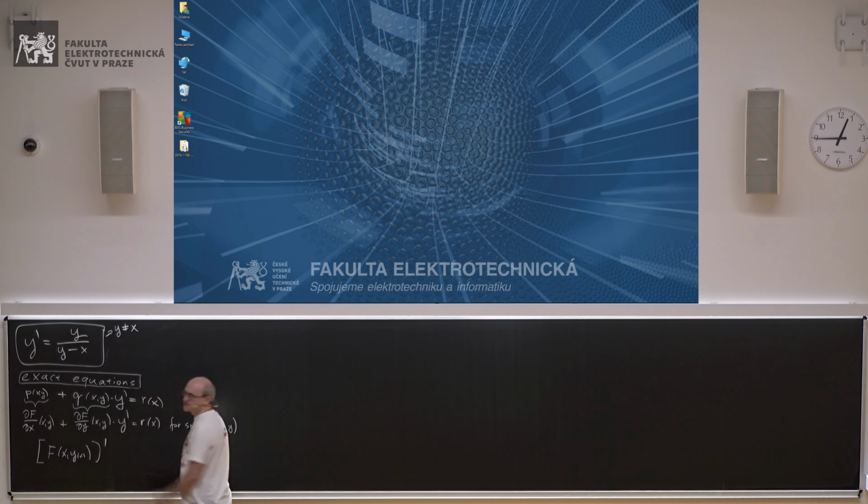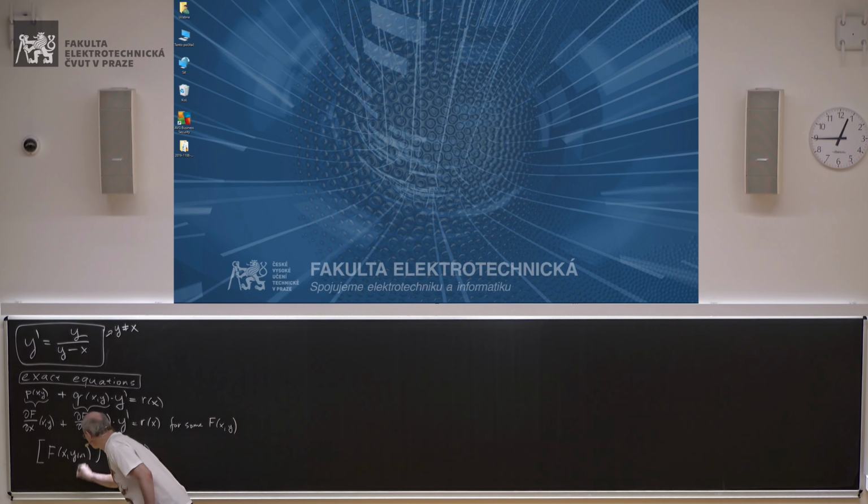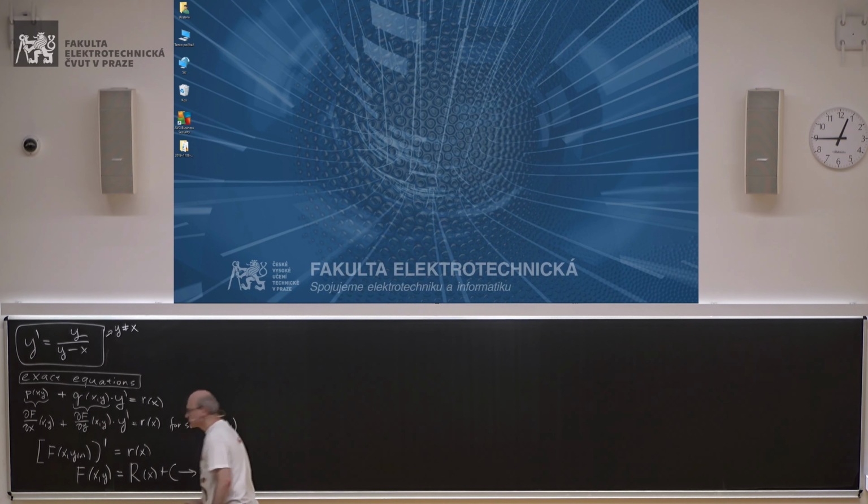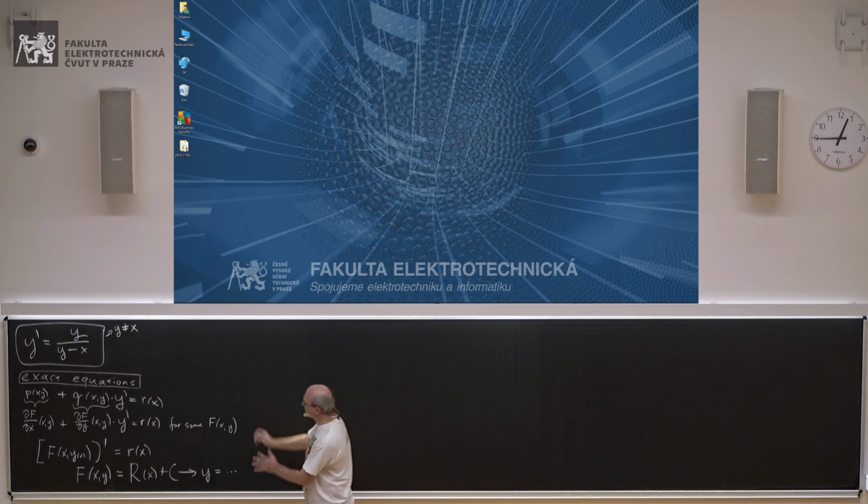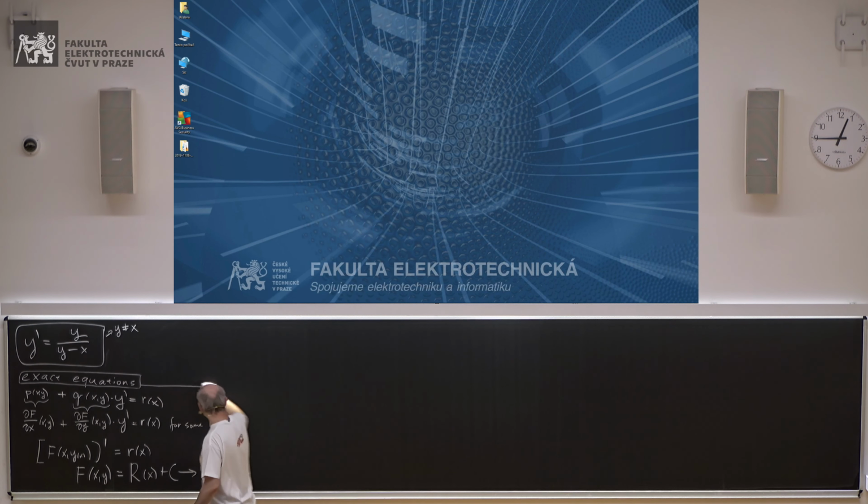So this exactly fits. That's the beauty. Such an expression can be written as just one derivative, and therefore, by integrating, we can recover F(x, y) as the antiderivative here. And from this, with a bit of luck, we can recover y. Okay? So that's the general outline, how to work with exact equations.